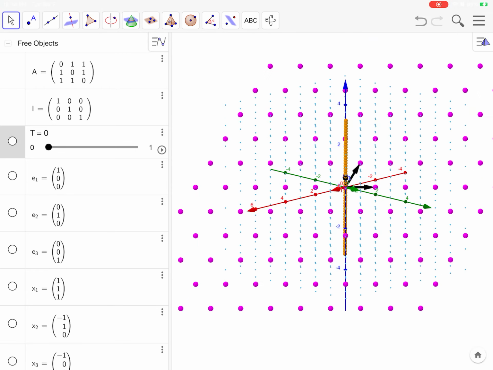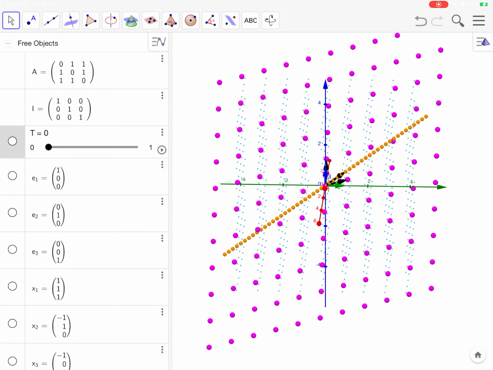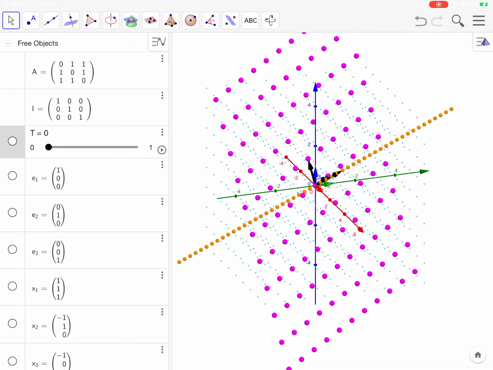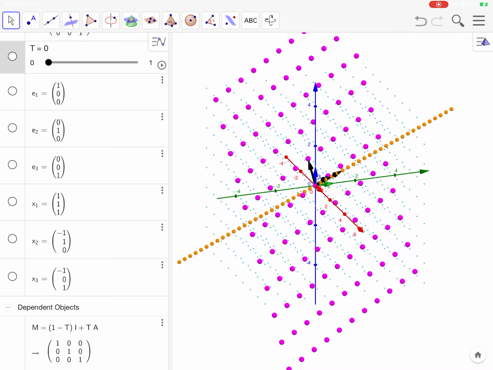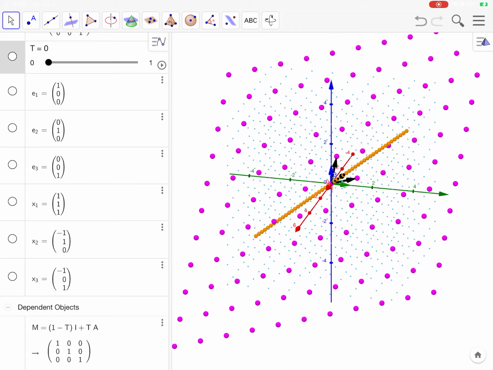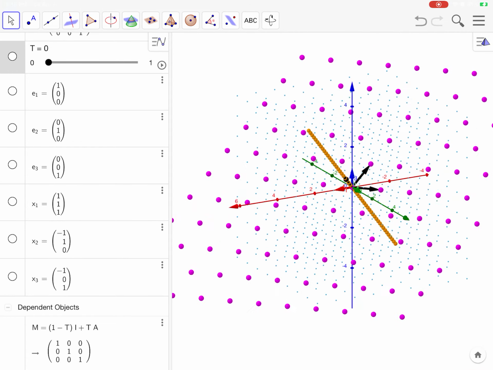We also have the three eigenvectors for this matrix that we were just looking at. Those eigenvectors happen to be x1, x2, and x3 here. And I've got those in black.